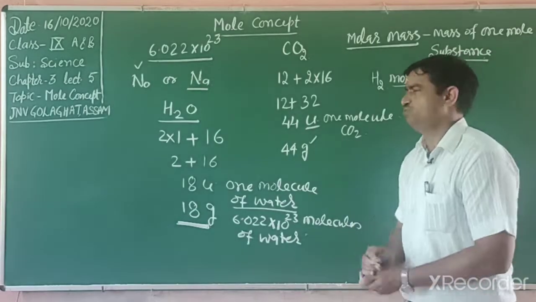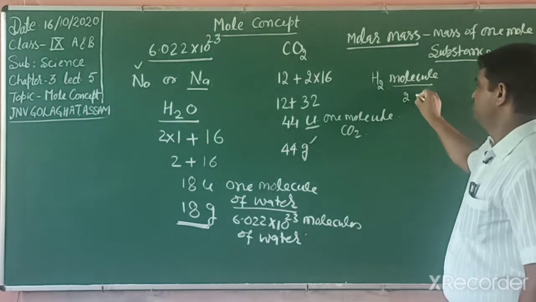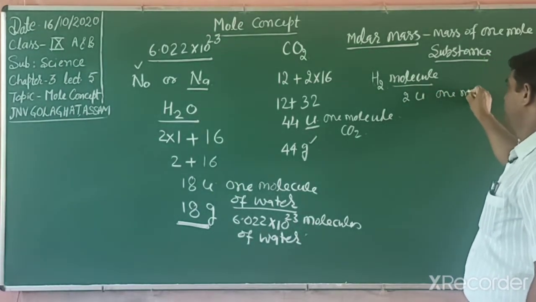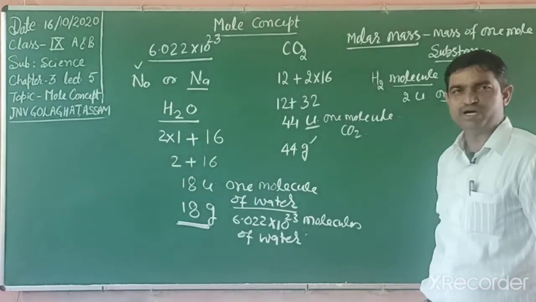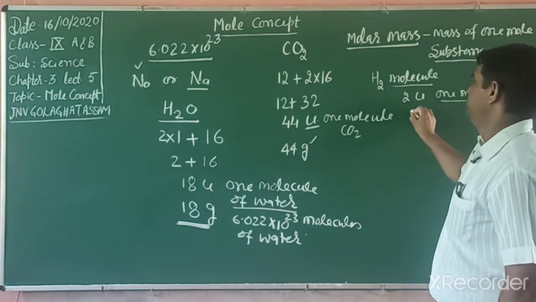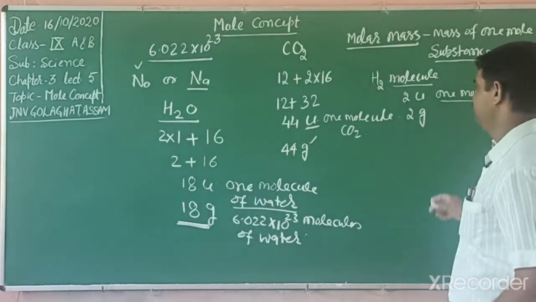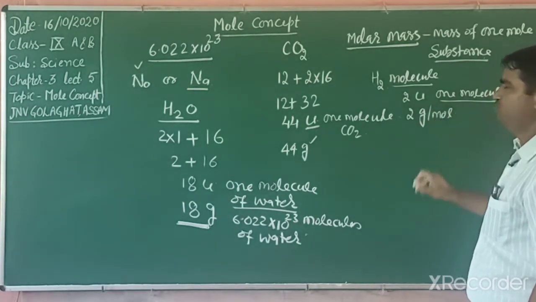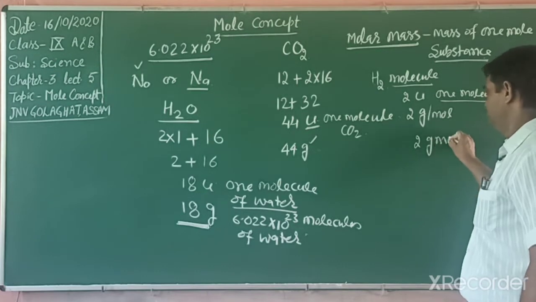Its molar mass is only 2 gram because its molecular mass is 2U, that is 1 molecule of hydrogen. But if we have Avogadro number of molecules, then its mass is 2 gram. So students, we write the unit 2 gram per mole, or we can write 2 gram mole inverse.